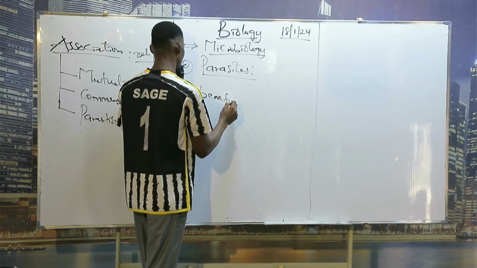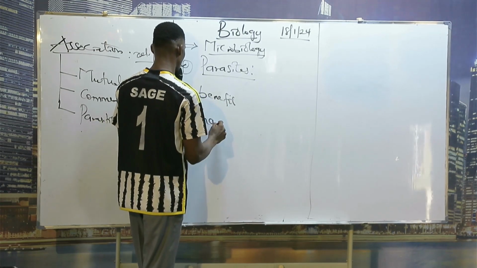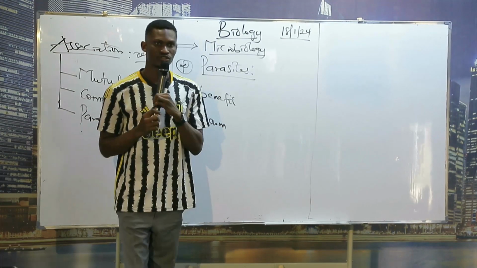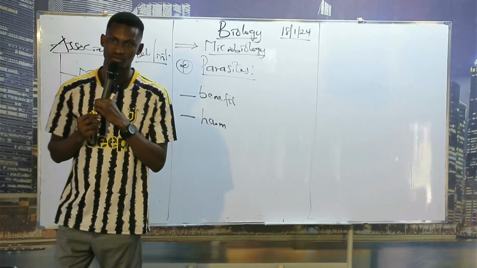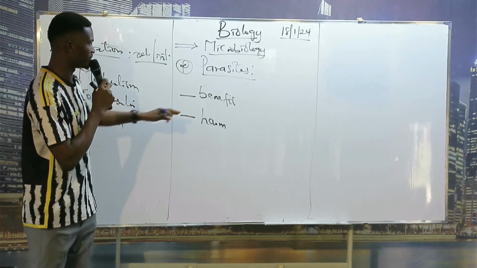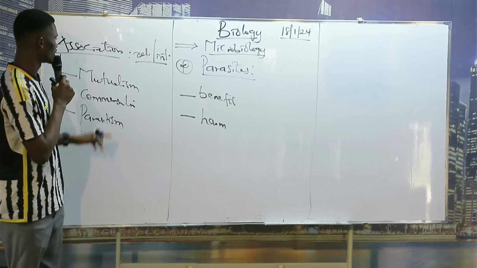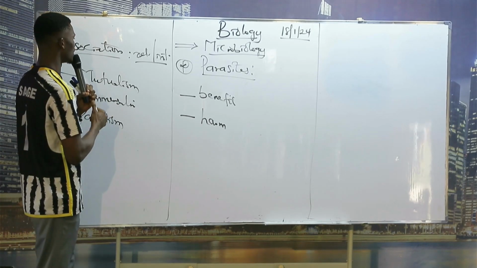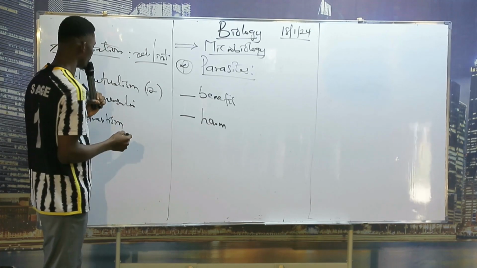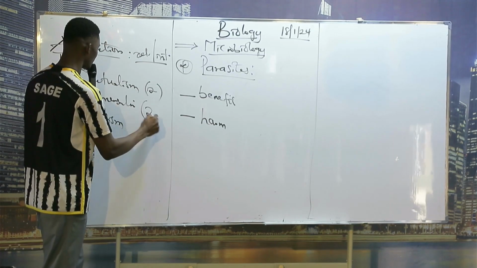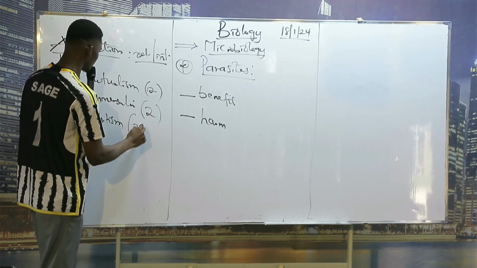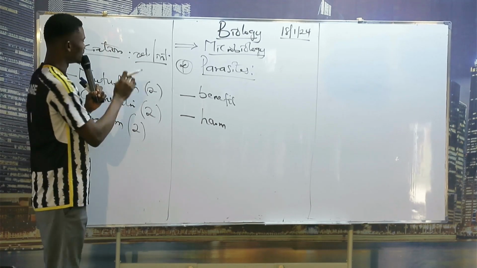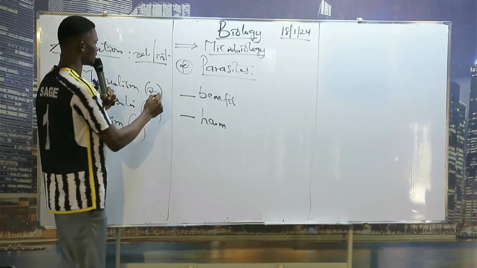The first concept is benefits, and the second one is harm. So when we define any of these 3 forms of association, we are looking at the benefits and the harm of each. Now in mutualism, the organisms involved are 2. How many? Commensalism, 2. Parasitism, 2.